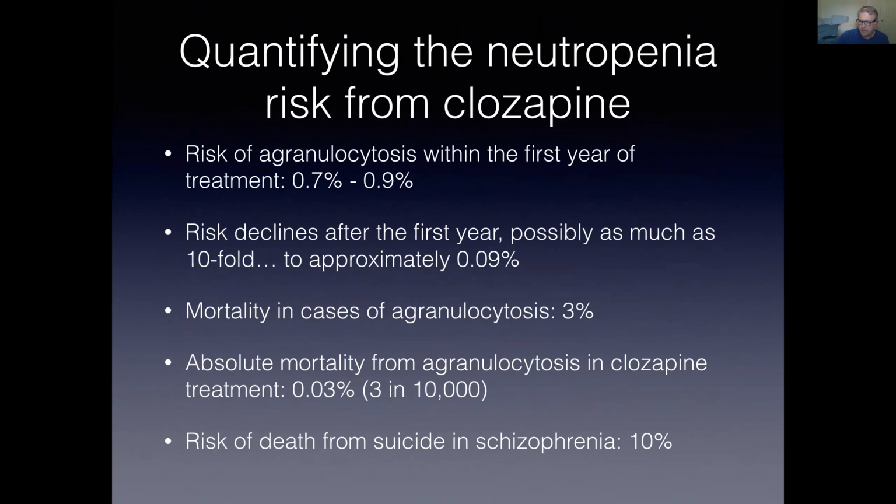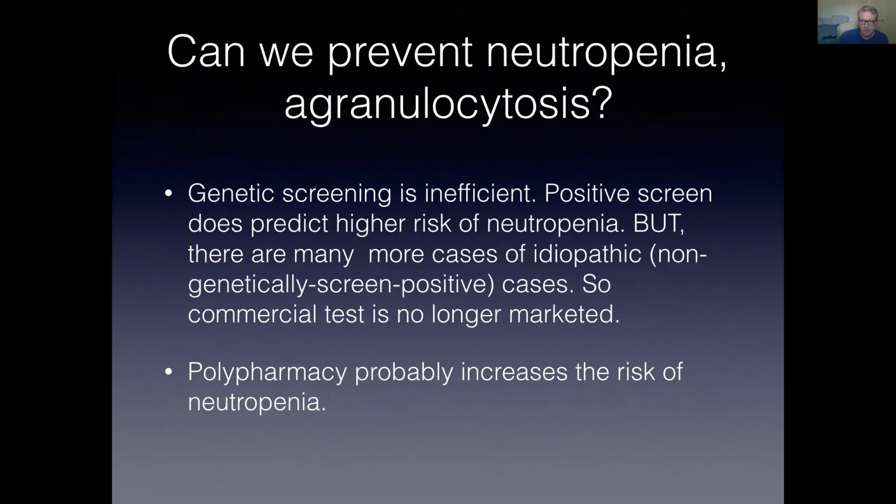In fact, Iceland has in fact done away with mandatory blood testing, finding that the benefits of reduced morbidity and mortality from clozapine is acceptable. Clinicians are still encouraged to monitor white blood cell count, but there aren't these restrictions that you can't get the drug if you don't have blood.